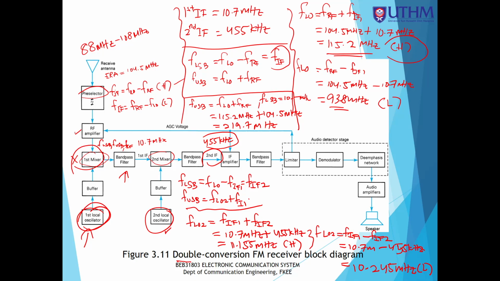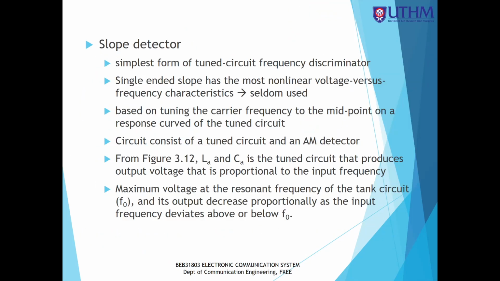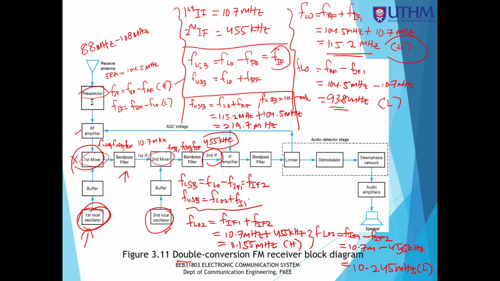So assuming that I'm using the high side injection, now the issue is I want to know how much the FUSB, FLSB, and then FIF are. I know that the FLSB is 455. Maybe I made a confusion here, so I delete this one.